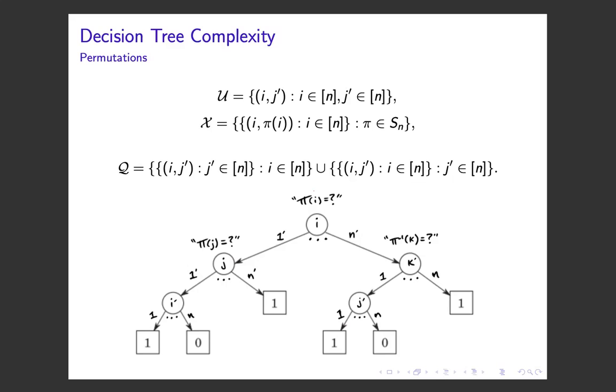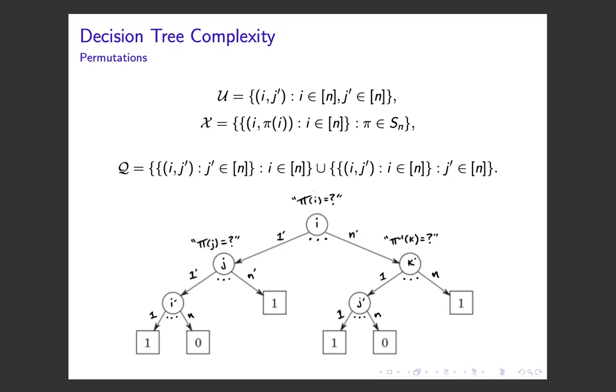What this means is that if I have some real valued function f over the space of real valued functions on permutations, and I know its Fourier degree, well, if its Fourier degree is non-trivial, then there's a non-trivial algorithm that can compute that function, namely through a decision tree.